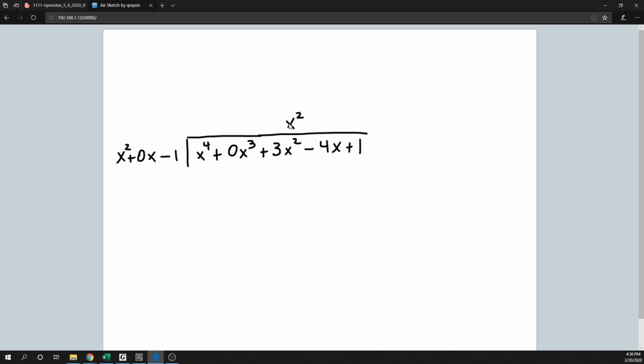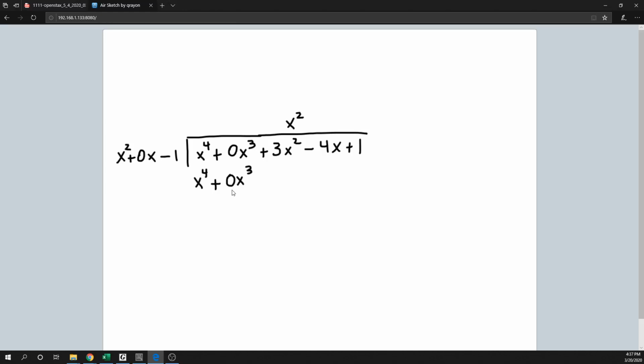So next is the multiply phase. x squared times x squared is x to the fourth. And then here I have x squared times 0x. Now this also seems a little weird in that you would normally not write that. x squared times 0x is 0x cubed, which is just 0, and normally you don't write that.